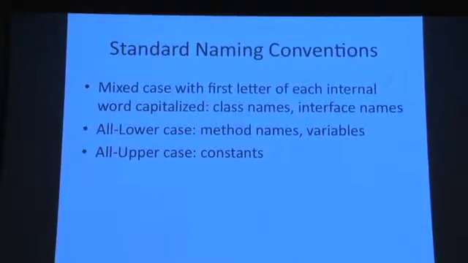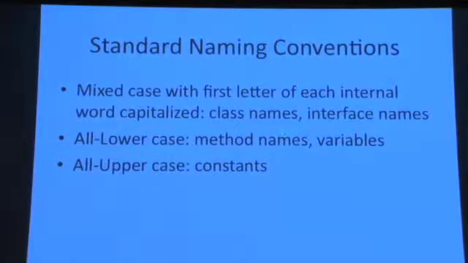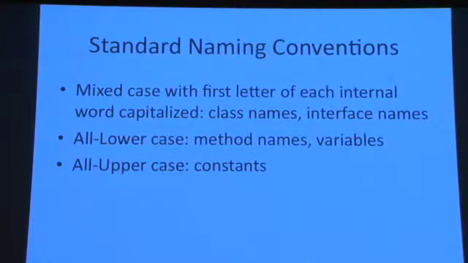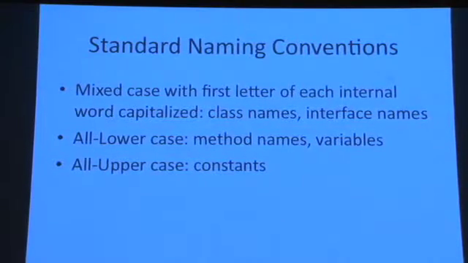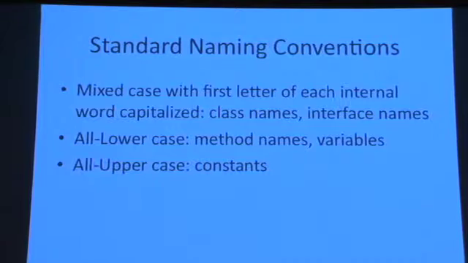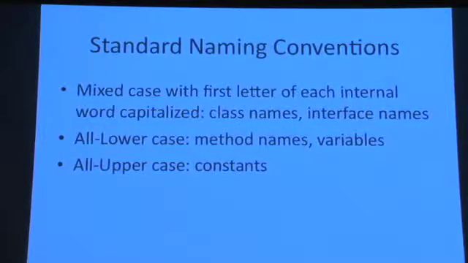Okay, so some standard naming conventions in Java. For our class names and interface names, class names being like public class hello world, like in that last example we had, the first letter of each internal word is capitalized. And so that's why we had the capital H, hello, and then W, O-R-L-D.